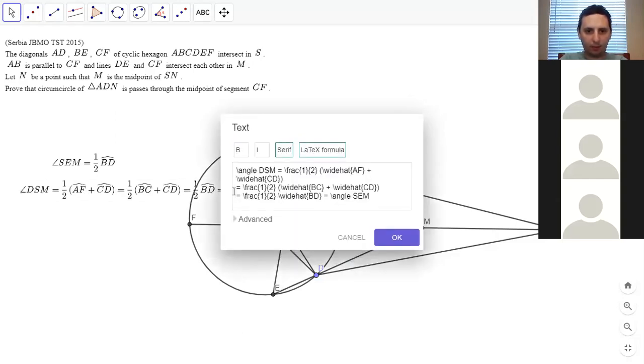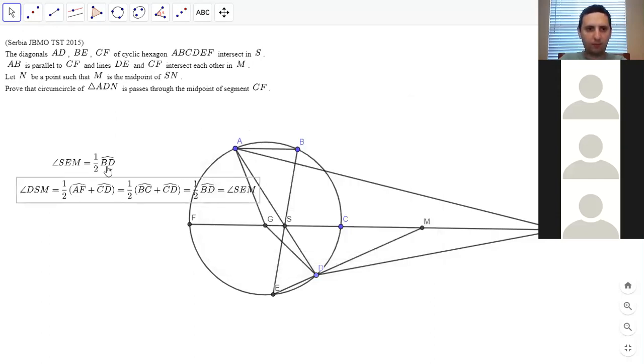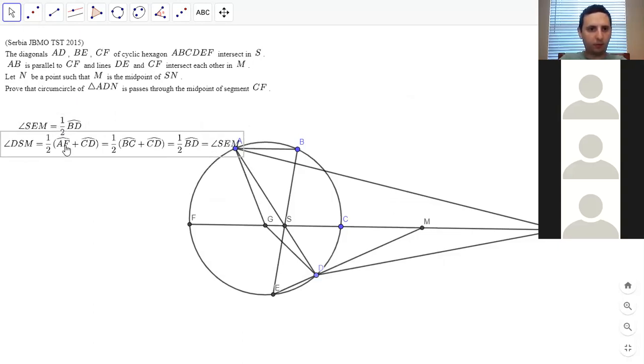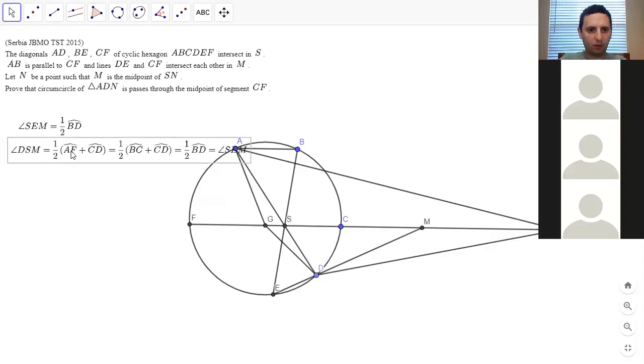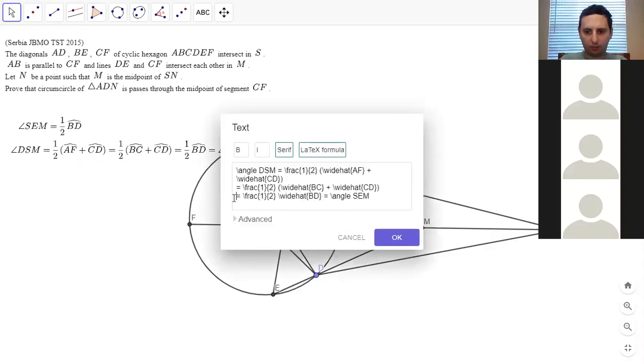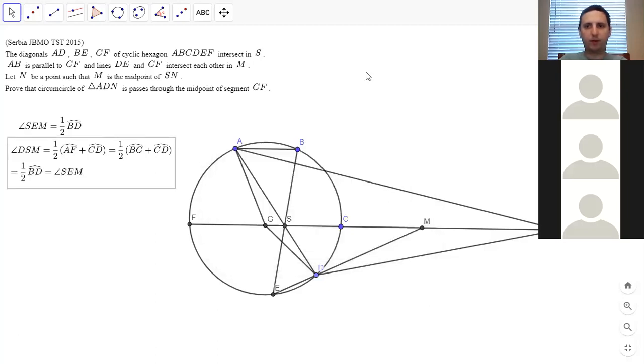Let me break this up. So that means triangle MSD is similar to, let's see if this works. All right, so we have another person joining us.